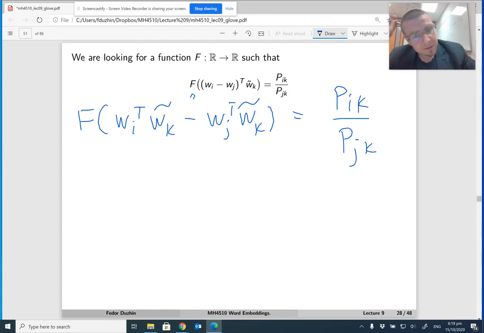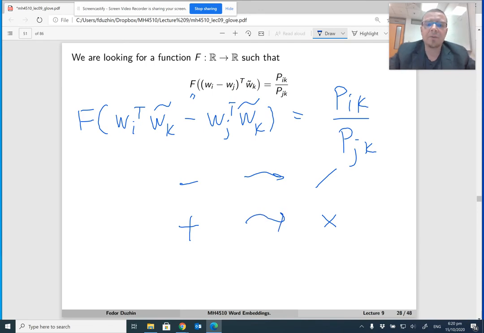Well, but then this is something that resembles a homomorphism. Basically, our function should transform the minus operation to the division operation. But minus is sort of a reciprocal to plus, and division is reciprocal to multiplication.